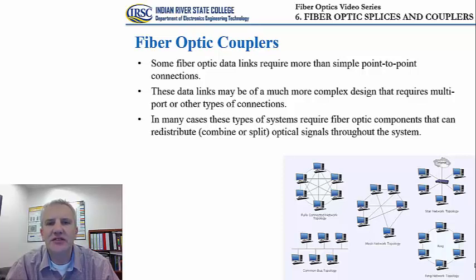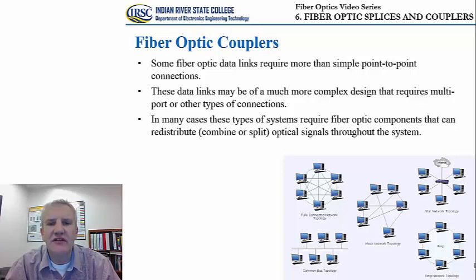Certain fiber optic data links require more than a simple point-to-point connection, where you have one optical fiber that starts with one single port at the transmitting side and then one single port at the receiving side.